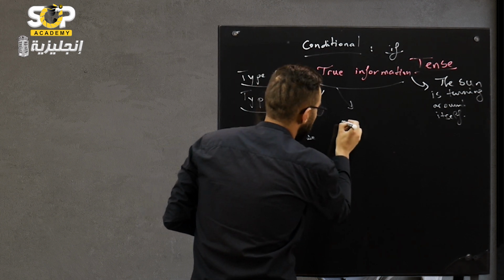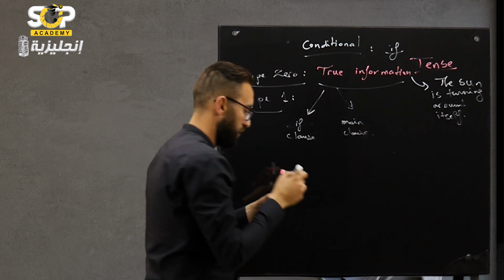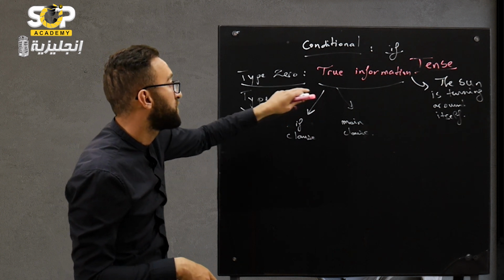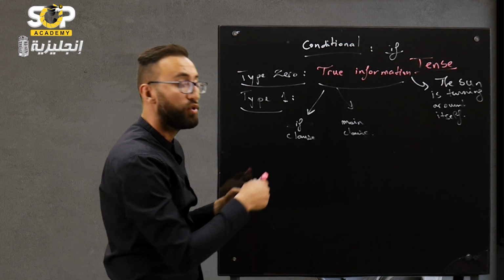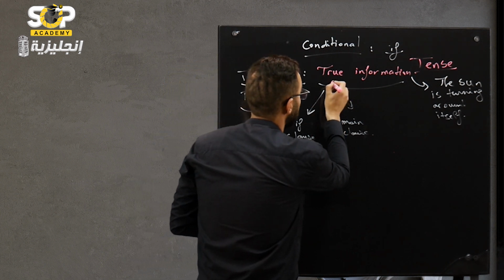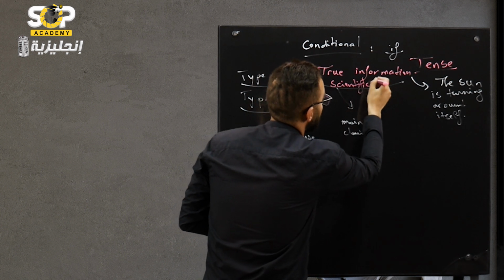The second one is called the main clause. We said that type 0 is about true information or scientific truths.